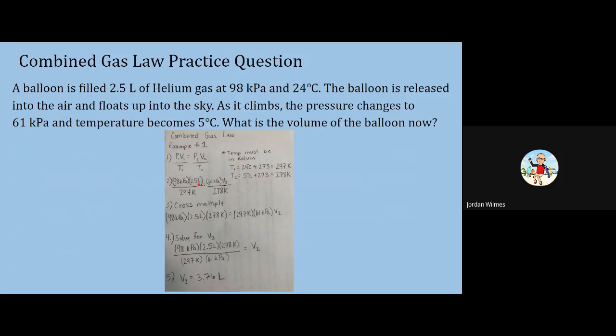First, I'm going to cross multiply here. So it's going to be 98 times 2.5 times 278. That's what I have on the left-hand side. Set that equal to the product of the other crosses, which is 297 times 61 times V2. That's here.